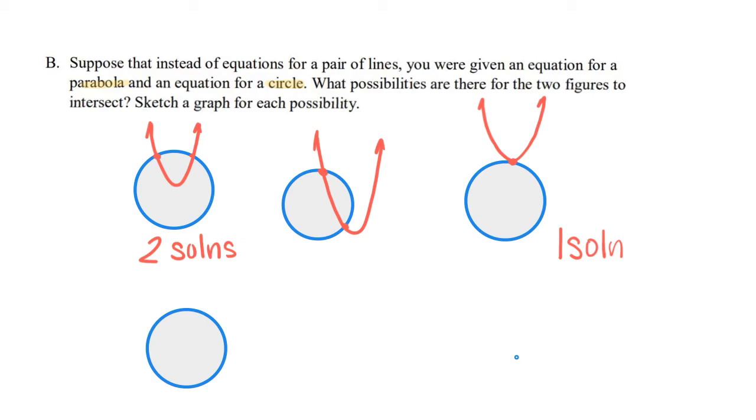Well, if it was three times, it might look something like this, where this branch is going to intersect it and possibly this branch would intersect it. So I'd have an intersection point here, here, and here. That would give me three solutions. Are there other ways that I can draw these two shapes?